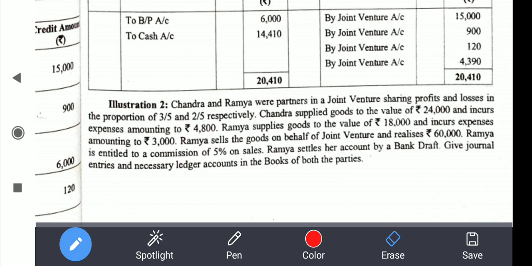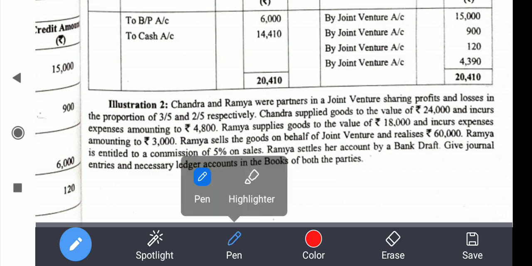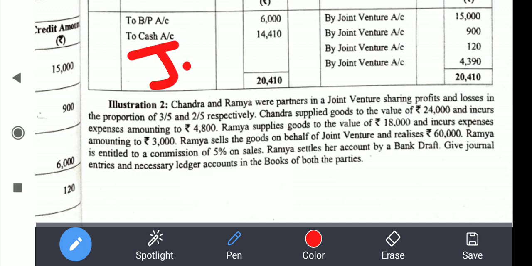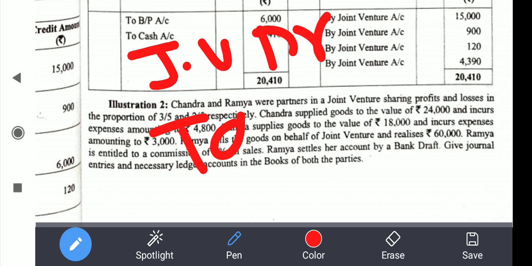In the books of Ramya, goods supplied. Joint venture account debit to Ramya account? Can we write Ramya? No. Goods account. In the books of Ramya, we don't write Ramya name. So just write joint venture account debit to goods account.